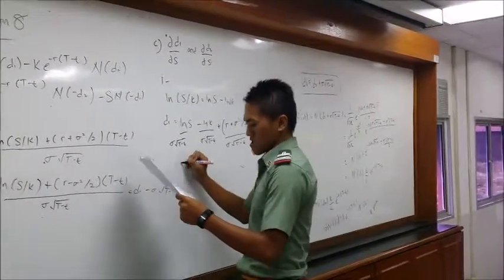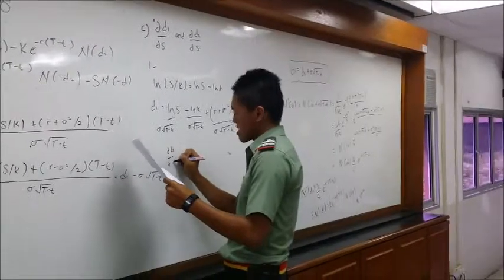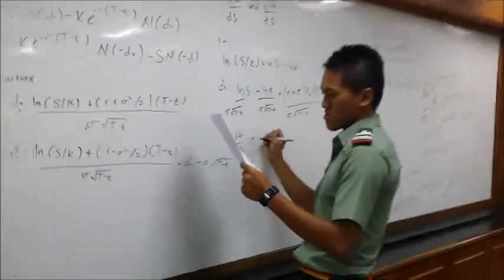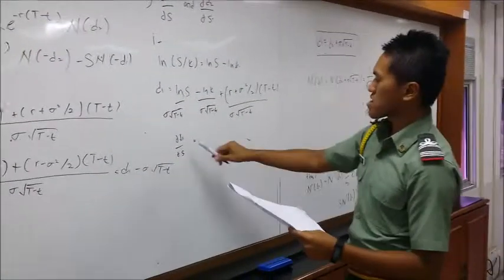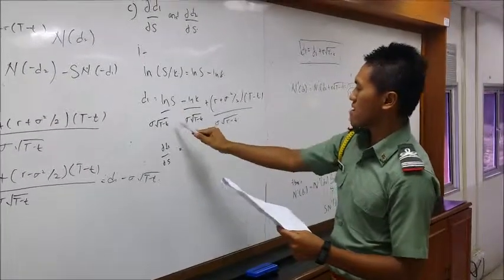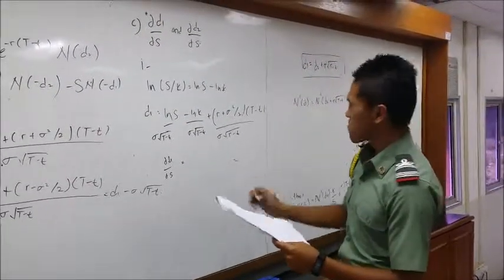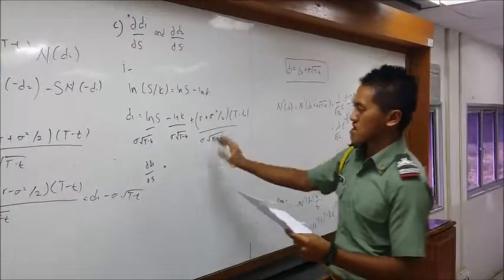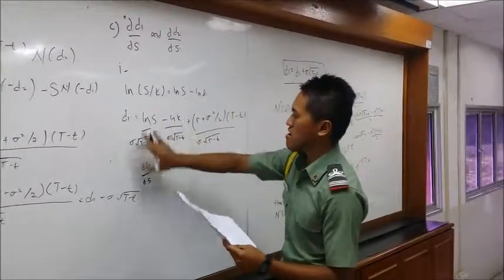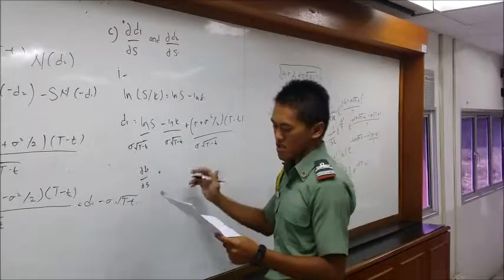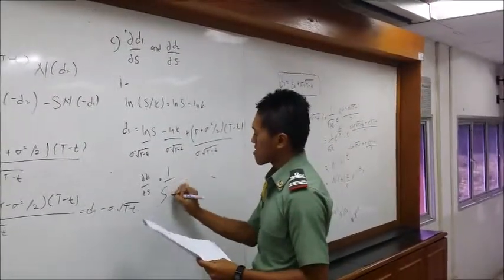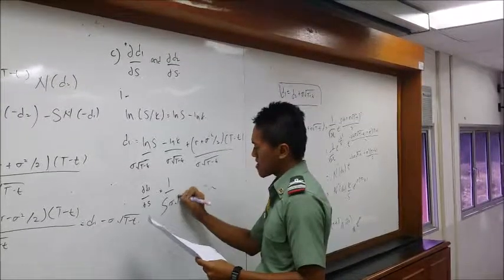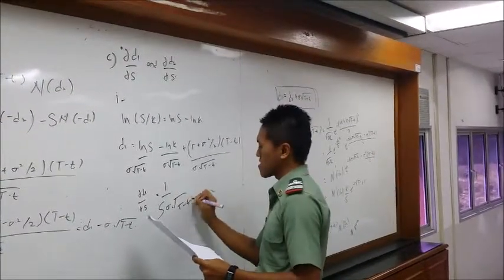So del d1 over del S is just differentiating d1 with respect to S. The constant terms will be deleted, leaving only ln S. We differentiate ln S and get 1 over S, right? So the answer will be 1 over S sigma square root of (T minus t).